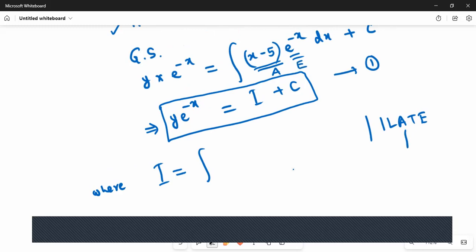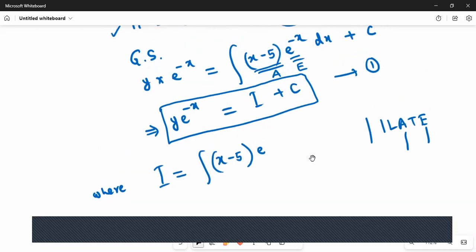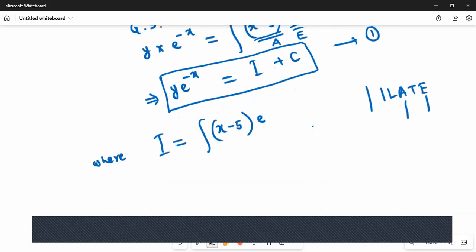So algebraic comes first, exponential comes second, so it is in the order. So I will write x minus 5, integration of e power minus x dx. So I will try to integrate it now.